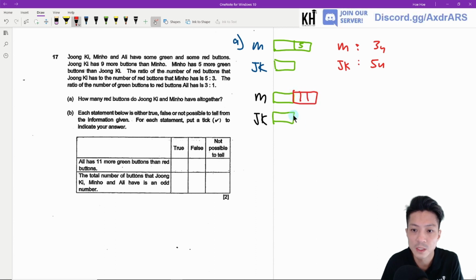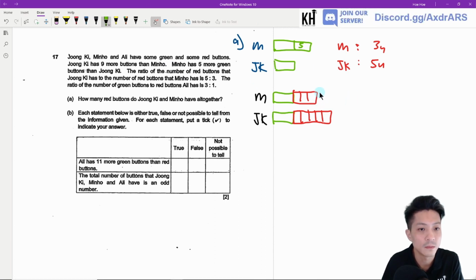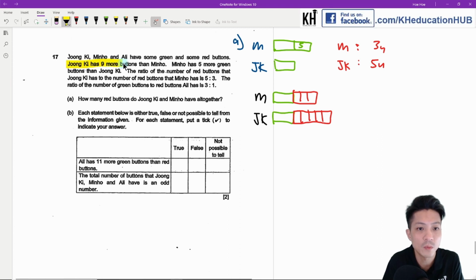I'm gonna draw a different size from the green one. Okay, I'm gonna add back the 5. The key thing is in the end Joong Ki has 9 more buttons than Minho.